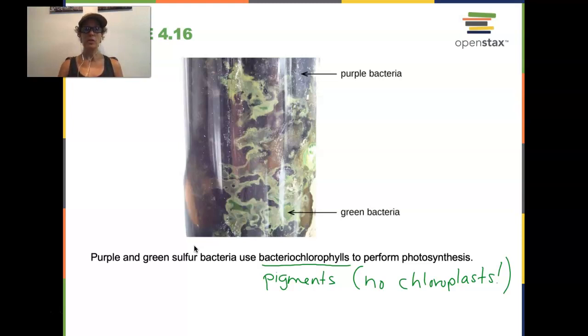Essentially, you gather the mud from a pond and some pond water in a tall glass cylinder, fill it to the top, a little bit of airspace at the top, and then you seal it off so that no more oxygen can get in, and then you just let it sit and do its thing. So there will be nutrients in that water and in the mud so that the microbes can use that for energy. We have here, they're showing the purple and green sulfur bacteria.